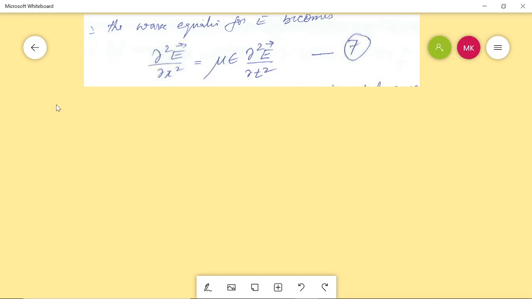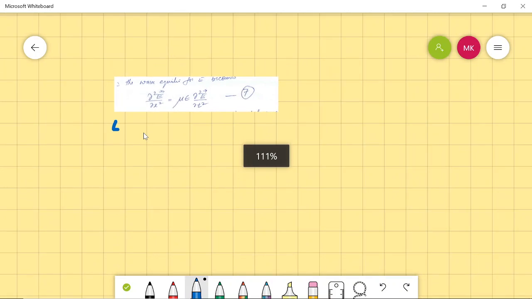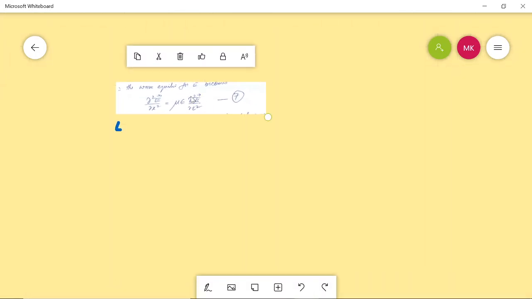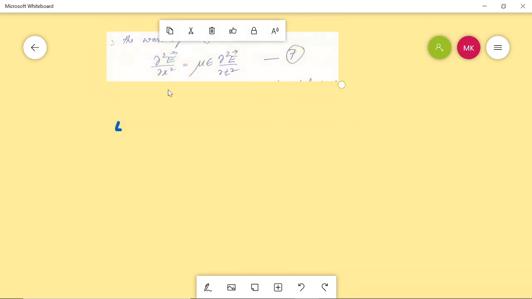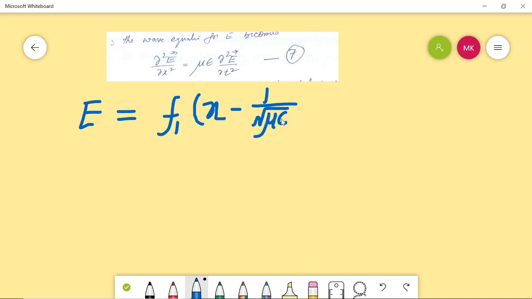Let E equal to some function, let's take f1 of x minus 1 over under root mu epsilon times t. Will it be a solution of this differential equation?